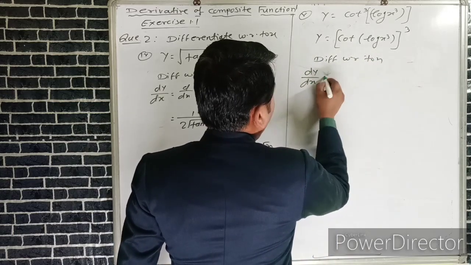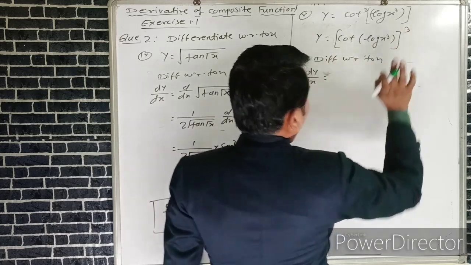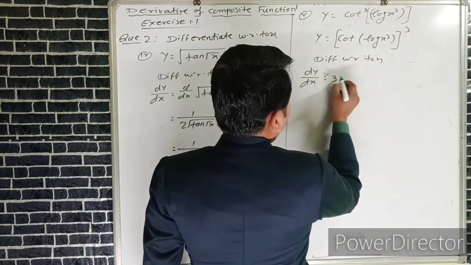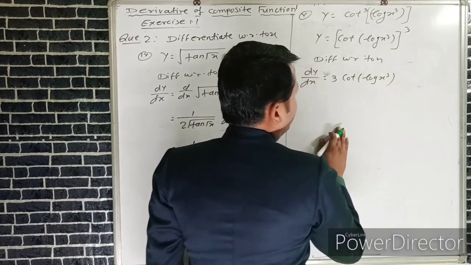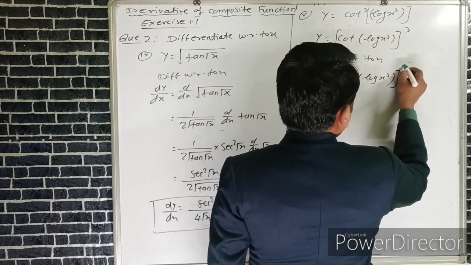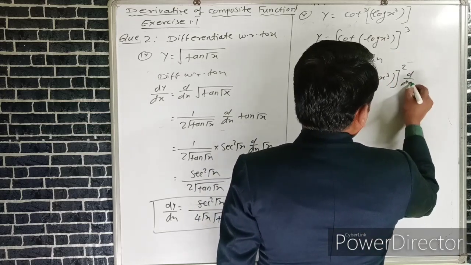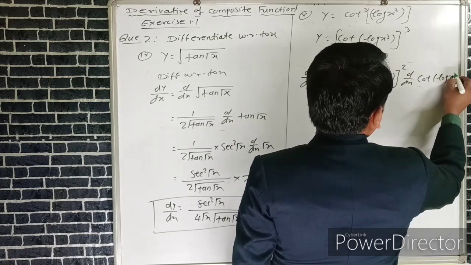The derivative of y is dy by dx. If we apply the derivative of x raised to the power n, then we can write 3 into cot of log of x cube whole raised to the power 3 minus 1, which is 2, into again the derivative of cot of log of x cube.